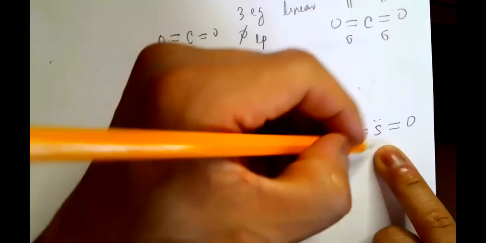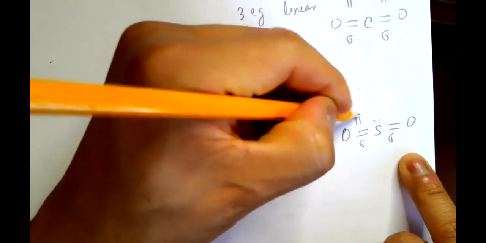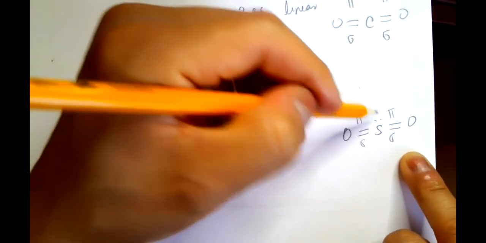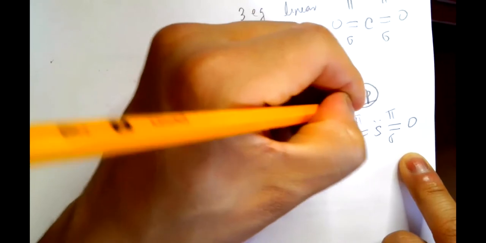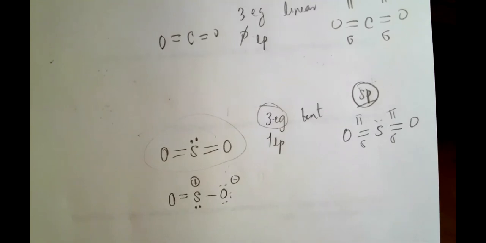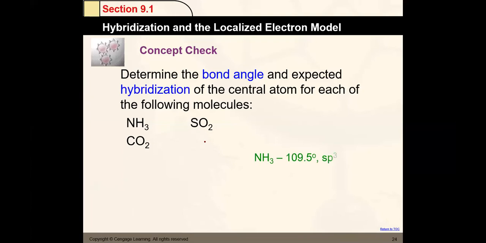But if I form sigma, sigma, pi, pi, if I form 2 pi bonds, that means I'm in an sp hybridization. So let's see what happens with NH3, 109 degrees, sp3, and carbon dioxide.